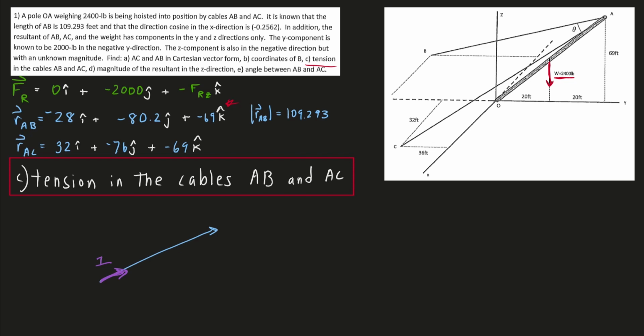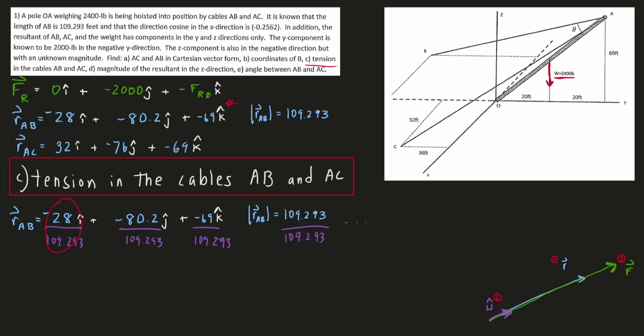And then we can do scalar and vector multiplication again. We can multiply each one of these unit vectors by the magnitude of the force that is in that cable, and that will extend this unit vector into the force vector for that cable.